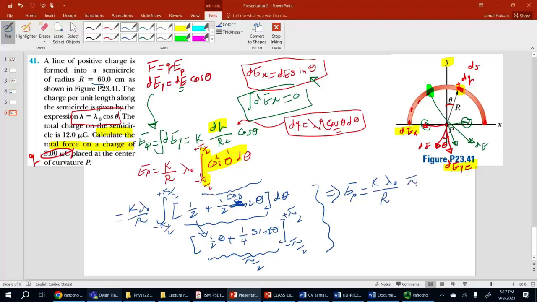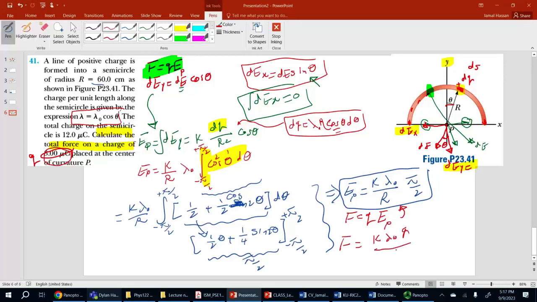We need to do one more step. The force on the 3 microcoulomb charge, if placed at point P, is simply equal to Q multiplied by the electric field at point P. So F is equal to k lambda naught Q divided by r, times pi over 2.